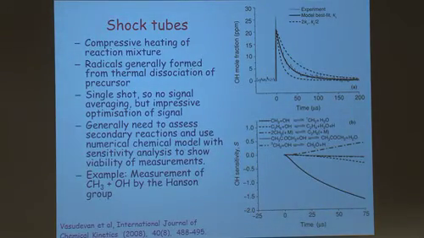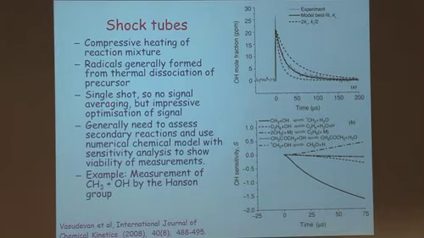Okay, so shock tubes rely on compressive heating of the reaction mixture. The radicals are generally formed from the thermal dissociation of the precursor. It's single shot, so it's not possible to do signal averaging as you do with photolysis.